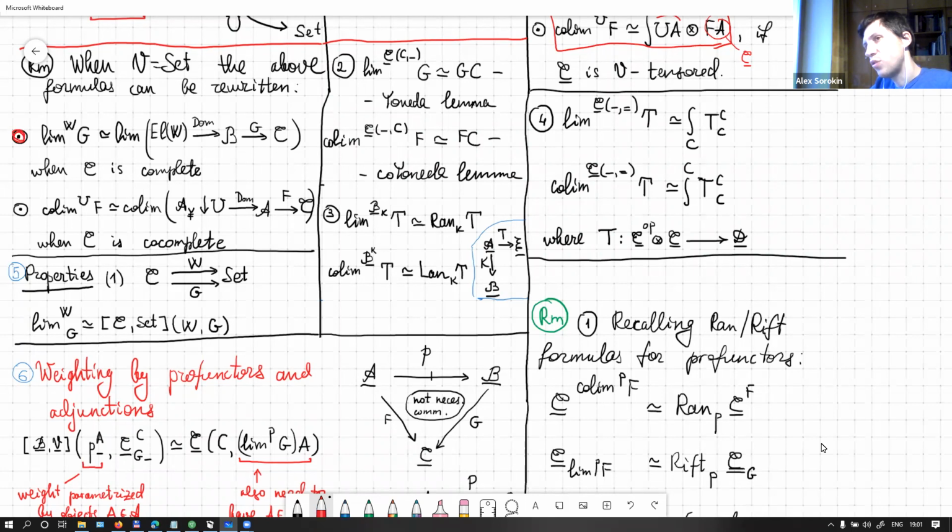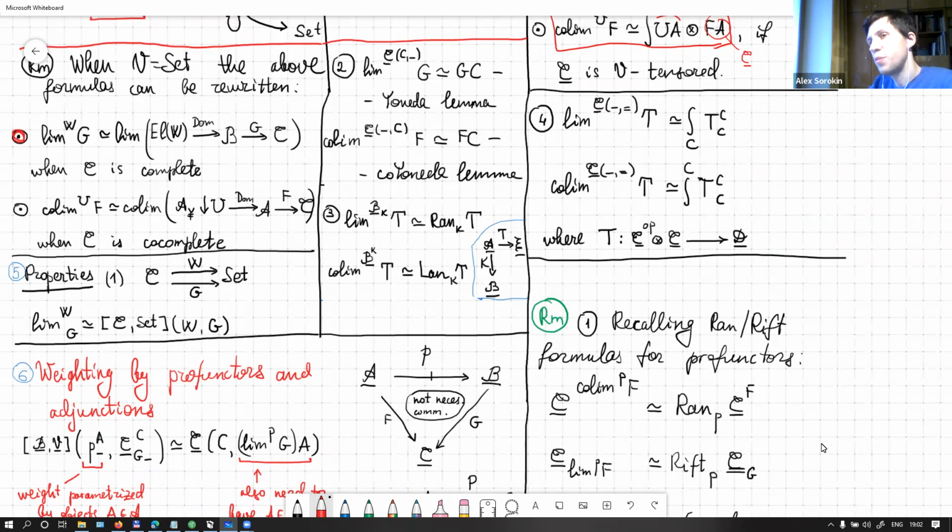We are taking the category of elements and applying the domain functor. Every point in the category of elements, you can think of it as a category of pointed objects, so every object has a certain point in it. We take the object, the set where this point is picked, or the index of this set, and then apply functor G and take the limit of that.